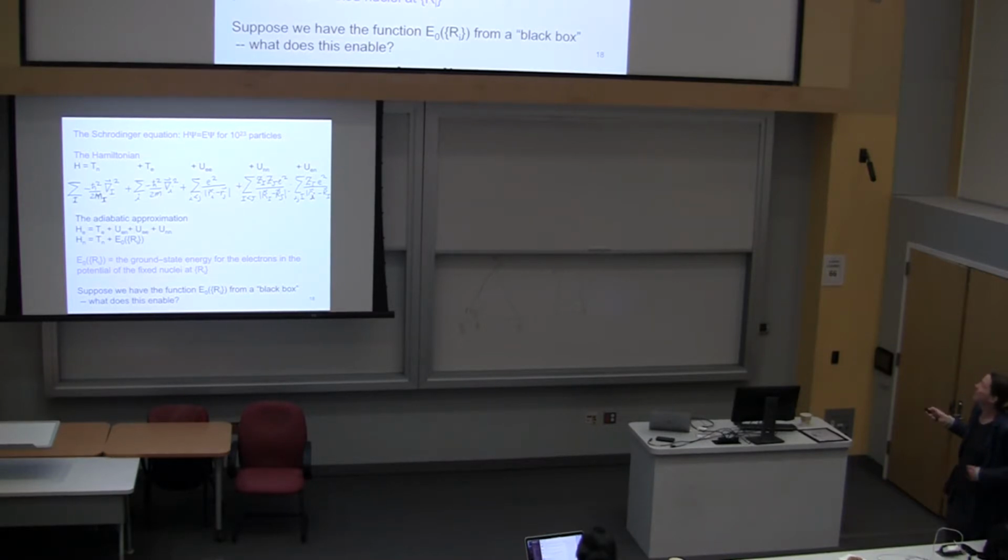I have a discussion, again very much from a solid state textbook: the full electron-electron Hamiltonian, and the adiabatic approximation, where you have the nuclei moving in the effective potential of the electrons, where this potential is the ground state energy for the electrons and the potential of the fixed nuclei.